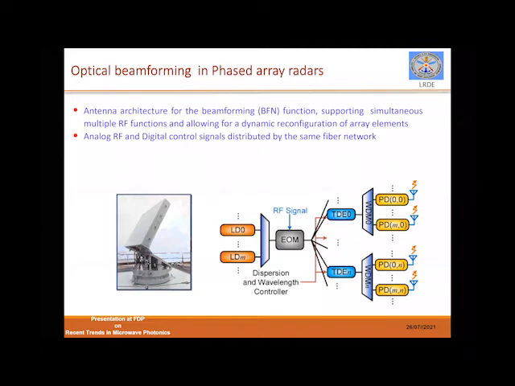of RF and electronics. How? In this case, the beamforming will be done purely in the photonics domain.